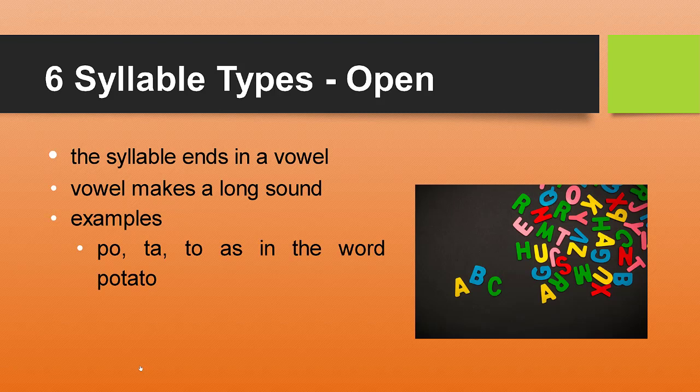If I look at potato, potato has 3 long vowel sounds. Notice the long O for po, notice the A for ta, and again the O for to, for potato. Each syllable ends in a vowel, and it makes the long O or the long A sound in the word potato.